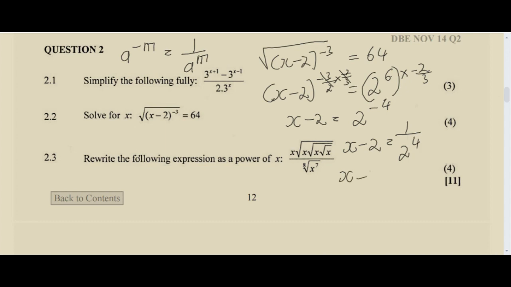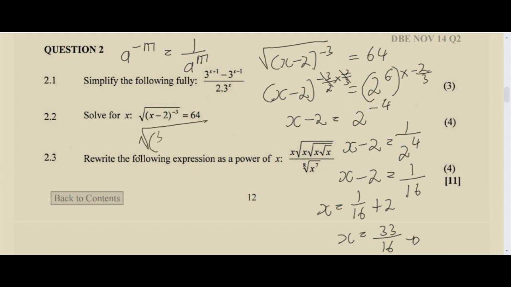So we have x minus 2 equals 1 over 2 to the exponent of 4. That's equal to 1 over 16. And then x will be equal to 1 over 16 plus 2, right? Then what would be the solution here? That's 33 over 16, right? Now, the nice part about solve for x is that you can just substitute the value in here to see if it's going to give you 64.